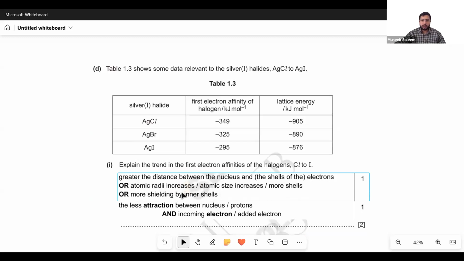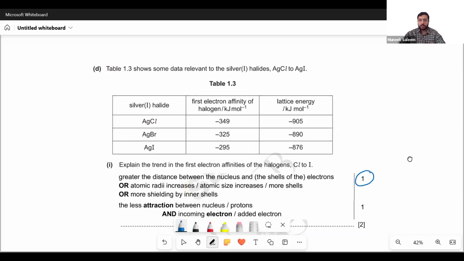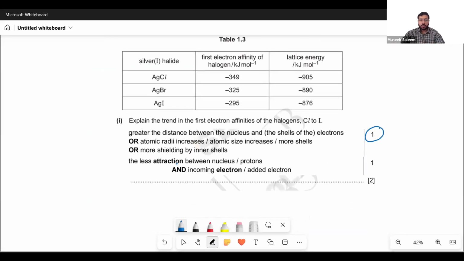All of these are 1 mark answers. And then the less attraction between the nucleus, or protons, and the incoming electron added. So you have to focus on the attraction as well. That's for the second one. So that's all, 2 marks are completed here.